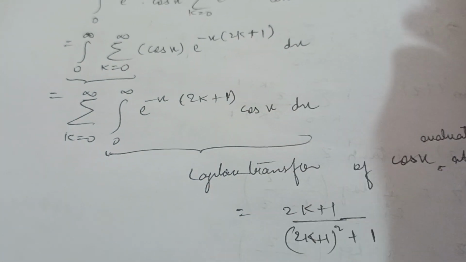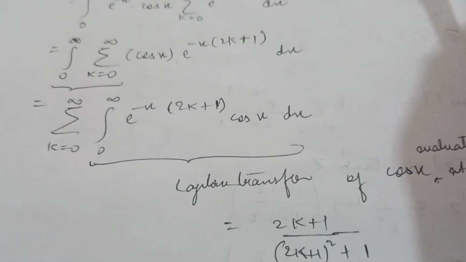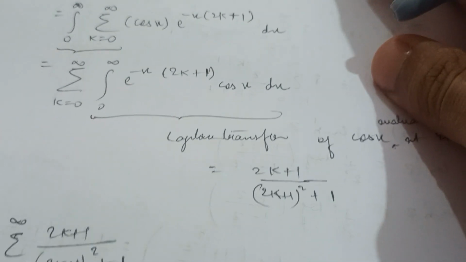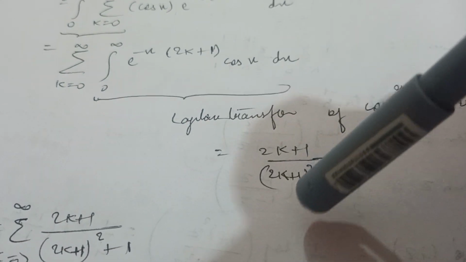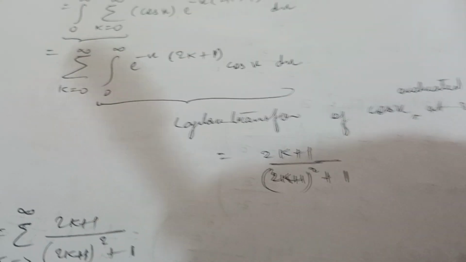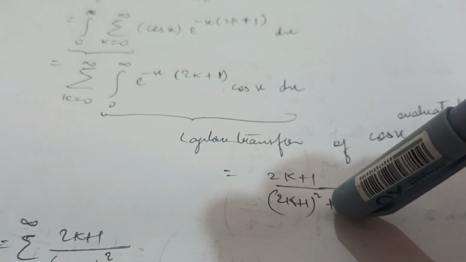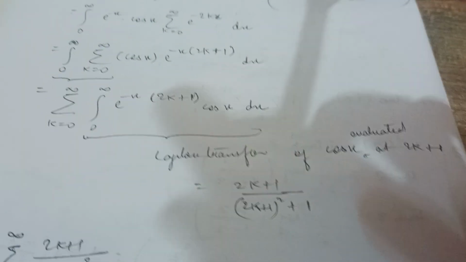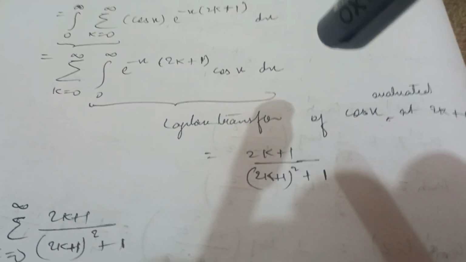So it can be written as (2k plus 1) upon (2k plus 1) whole squared plus 1, using the Laplace transformation formula. So this whole integral can be written as this. That is the reason I did this simplification, so that I can change it to a summation, and after that this summation gets back to this Laplace transform. So that was the logic here.